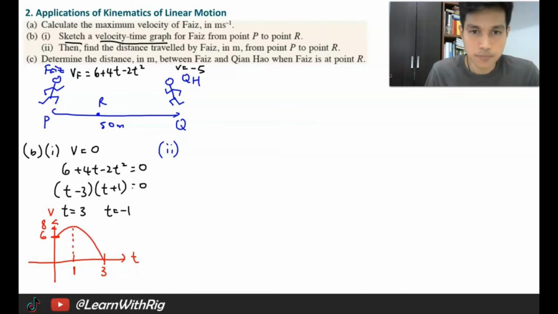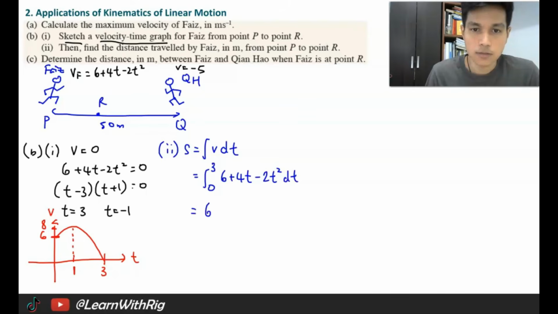So displacement equals integration of v dt. It's already positive, so it's from 0 all the way to 3. The velocity function is 6 plus 4t minus 2t square dt.